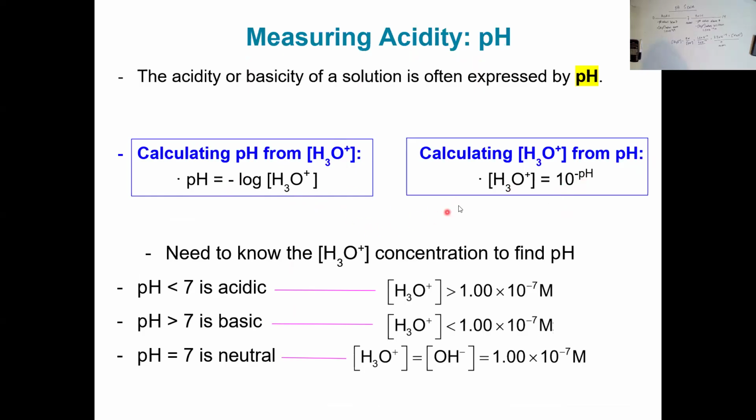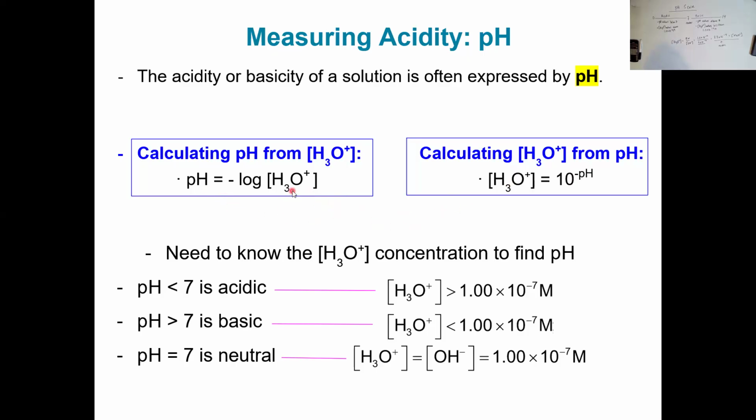This is the part of the class where if you do not have a scientific calculator, you're going to have to correct that. You need to have a scientific calculator that has a log function to it in order to find your pH values and to find your hydrogen concentration values from the pHs. Okay.